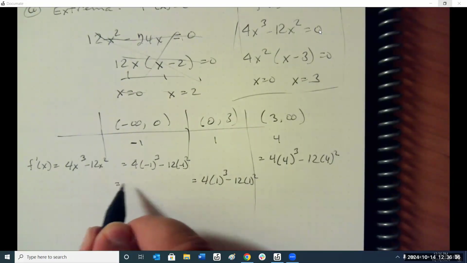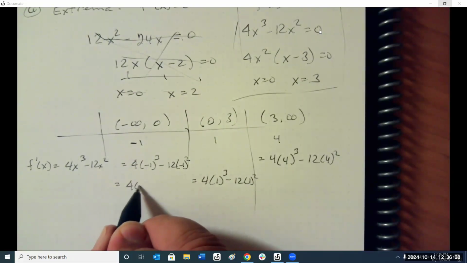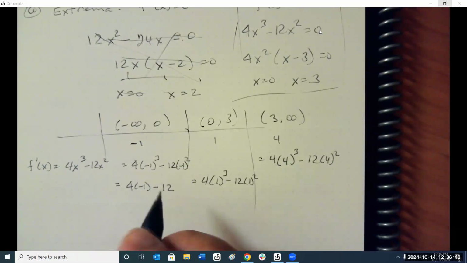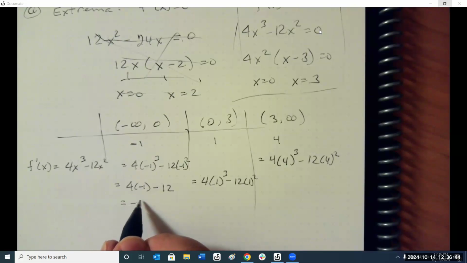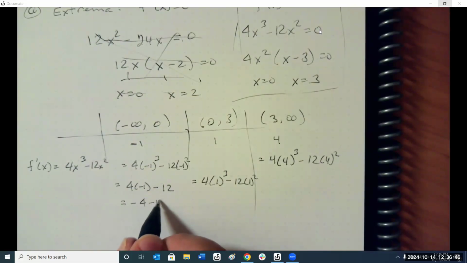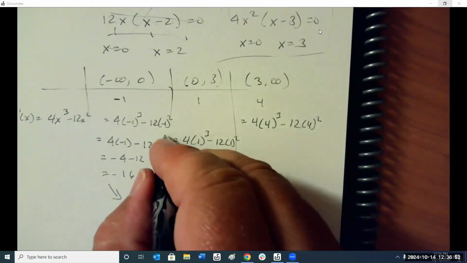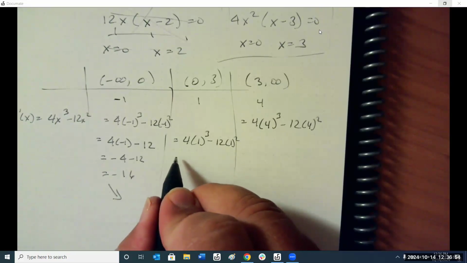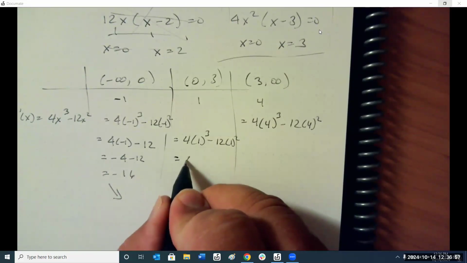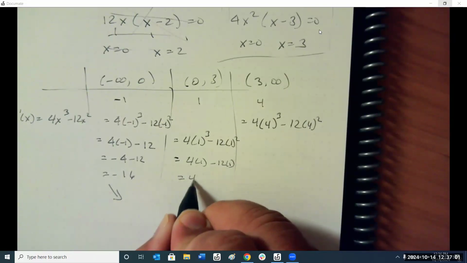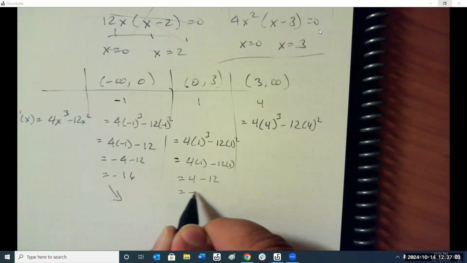Let's see this. 4 times negative 1 minus 12. Negative 4 minus 12 is negative 16, so it's decreasing. At 1, it's 4 times 1 minus 12 times 1, so 4 minus 12 makes it negative 8.